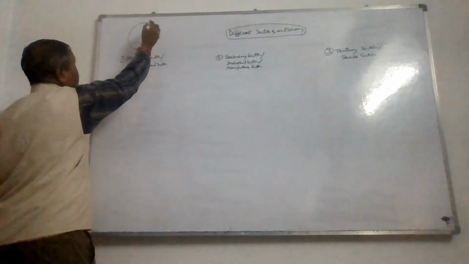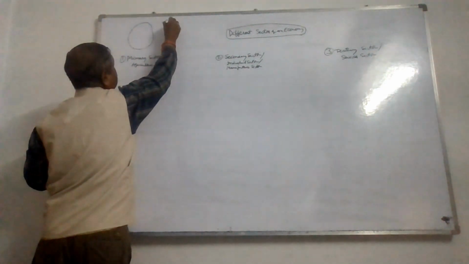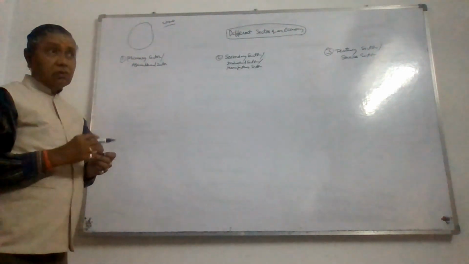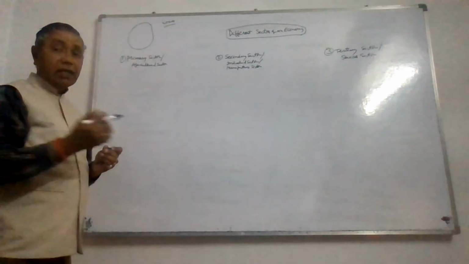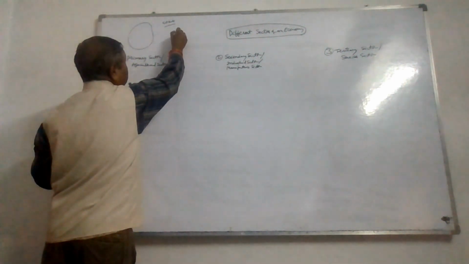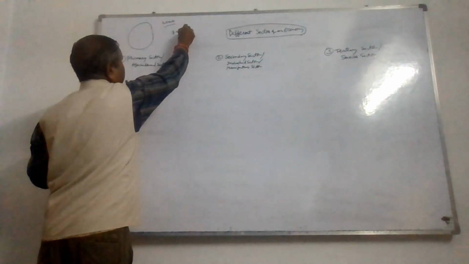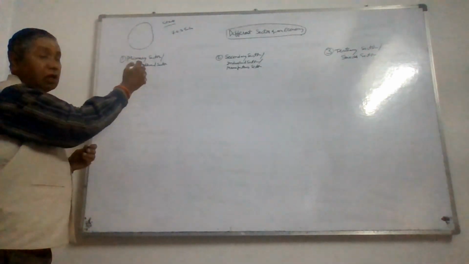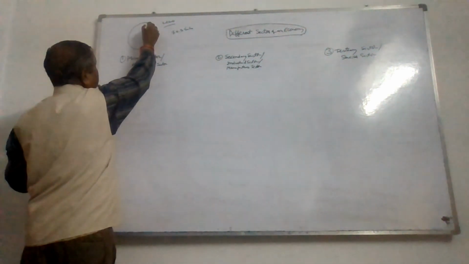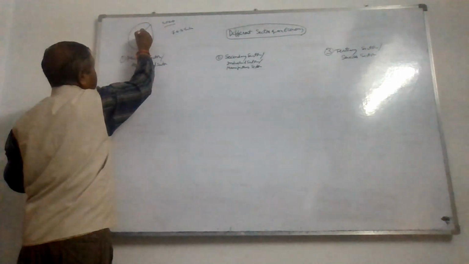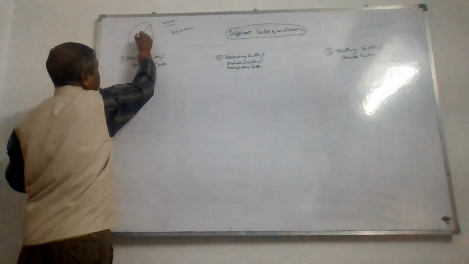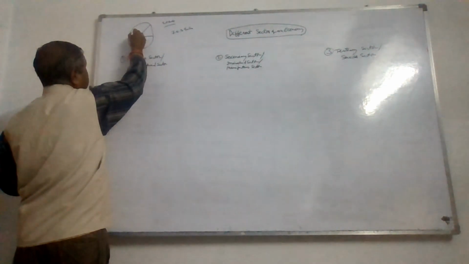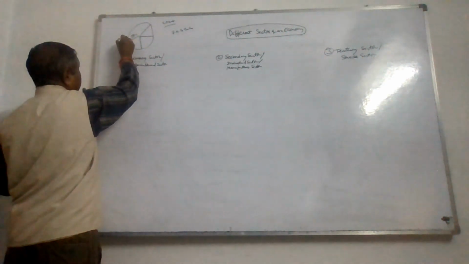Take the Indian economy in 2024. The GDP of India was more than 4.2 to 4.3 trillion. Out of this 4.3 trillion GDP, there is the agricultural sector contribution, the industrial sector contribution, and the services sector contribution.